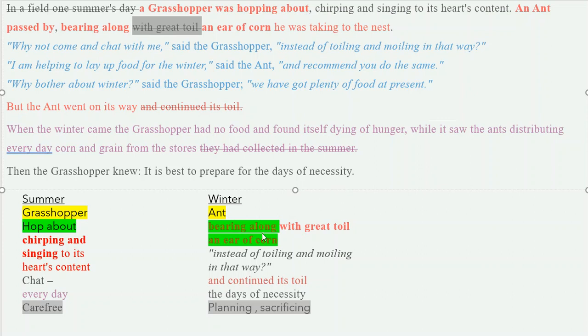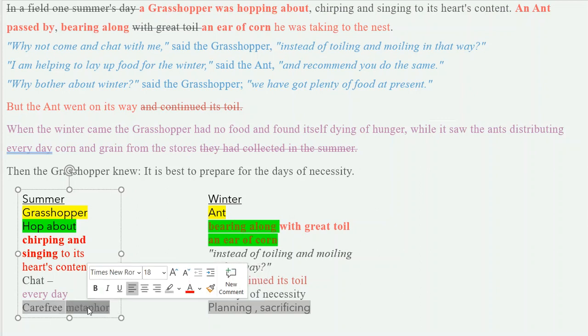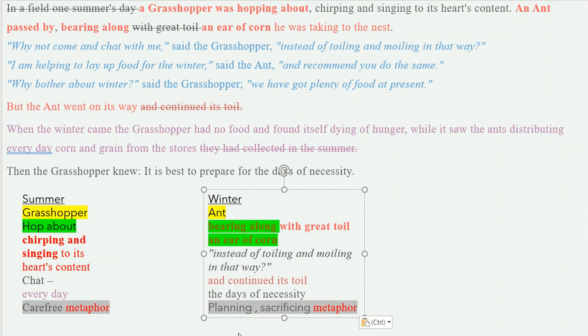So we might say here that in a fable, a grasshopper is a metaphor for carefree, right? A metaphor for carefree, whereas the ant is a metaphor for planning and sacrificing.